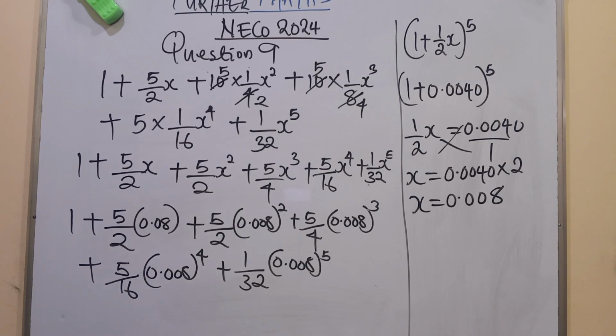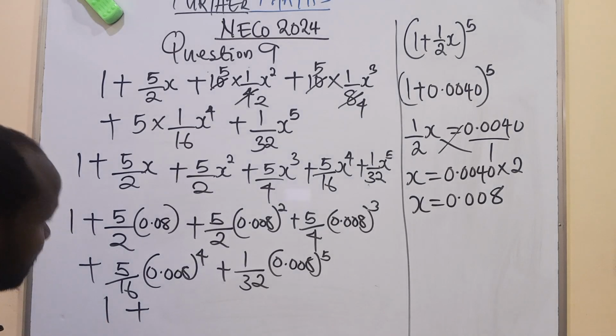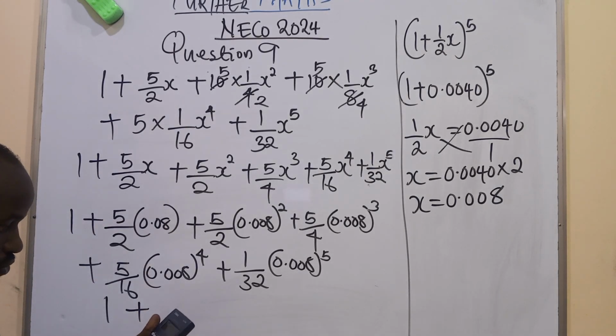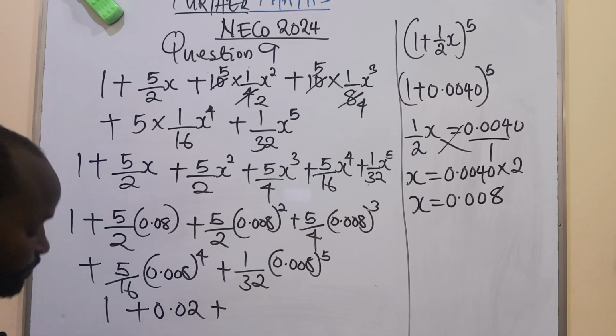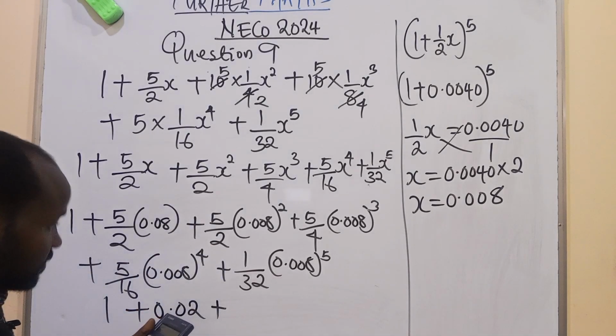Okay, so let's look at what we have at the end of the day. We have 1 plus, let's multiply 5 times 0.008. What do we have? 0.04 divided by 2. We have 0.02 plus next one, 0.008 square multiplied by 5 divided by 2.